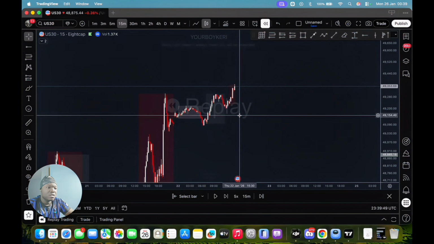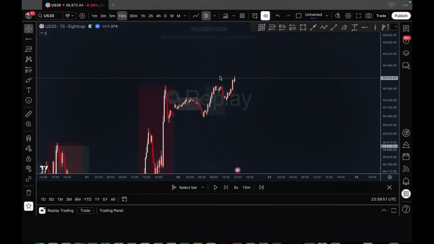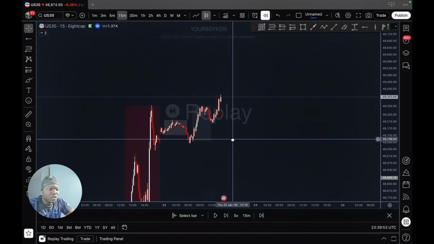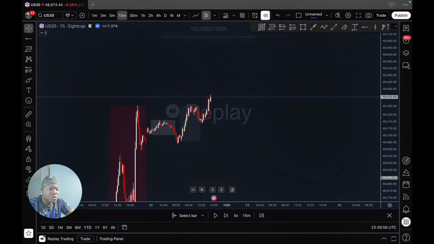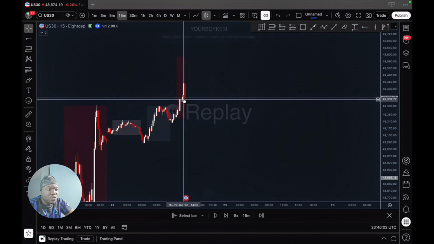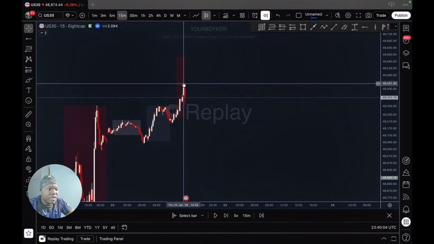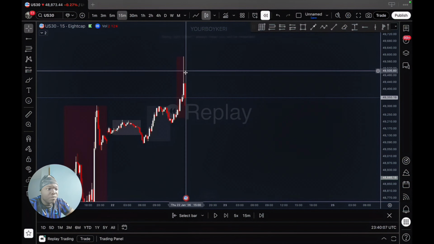So if you come here, this was the trade, right? The first thing I wait for is the 9:30 open when trading indices. You can see this was the 9:30 open. Price gave this spike up, came down.